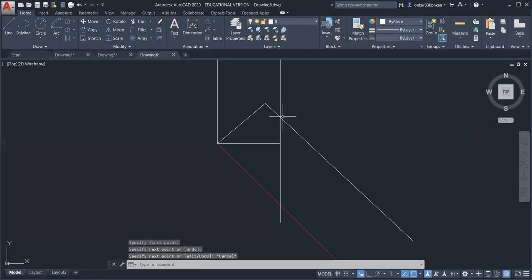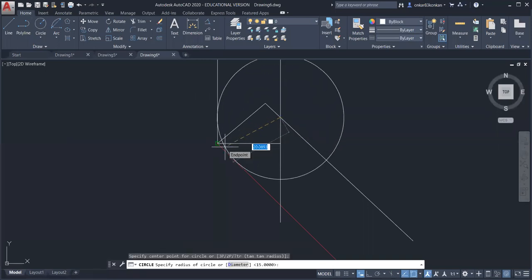And find out this intersecting point. Okay, so with this as an intersection, you have to draw the circle.